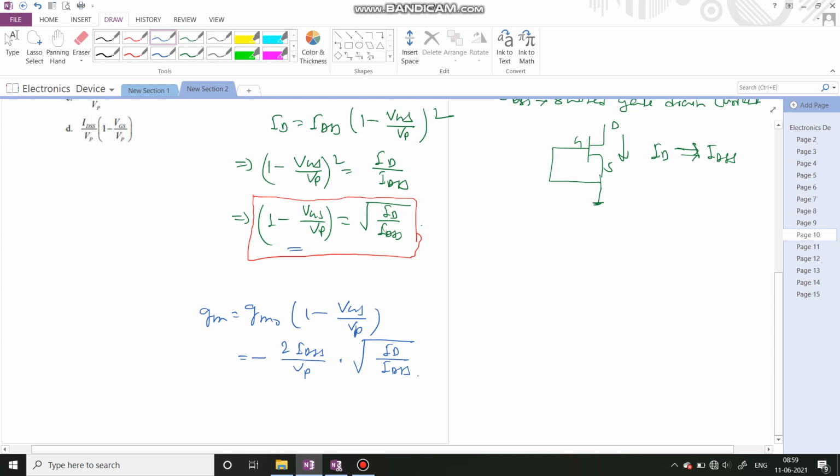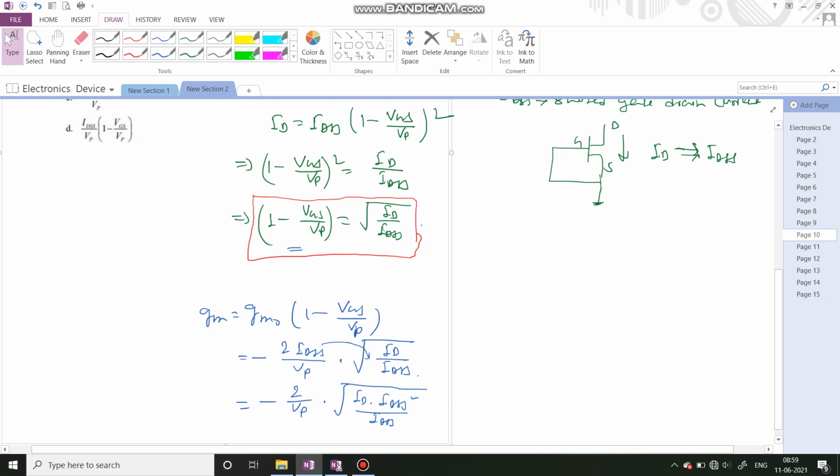Now we write IDSS inside the root, so it will be minus 2 by VP into root over ID into IDSS squared by IDSS, since inside the root it becomes a square.